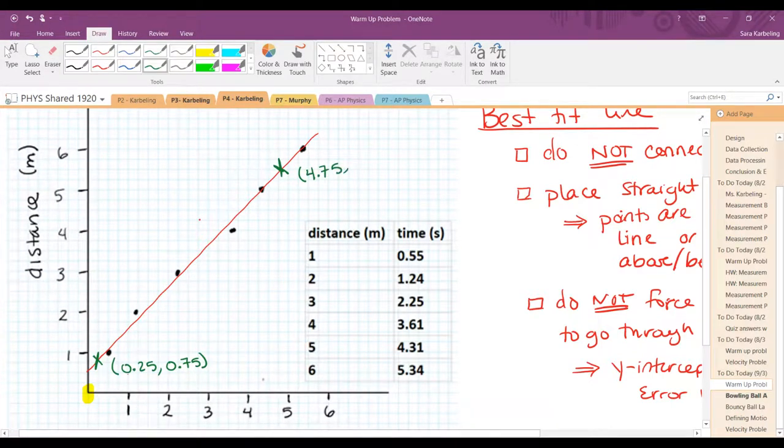So everybody should be working on this. It's absolutely fine to talk to each other if you need help. But use the points on your line, not on my line, because your line might not match mine.